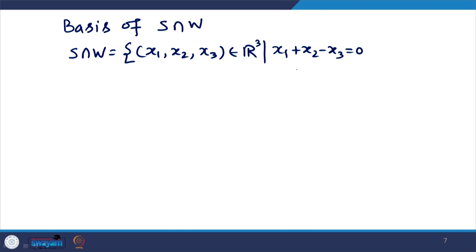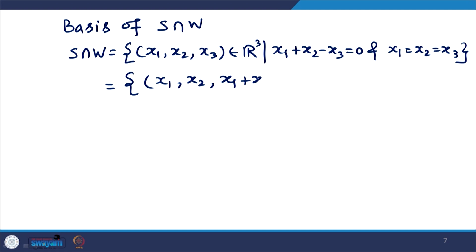This condition is coming from the subspace S, and the condition from subspace W is x1 equals x2 equals x3. So, this I can write as (x1, x2, x1 plus x2), such that x1 equals x2 equals x3.